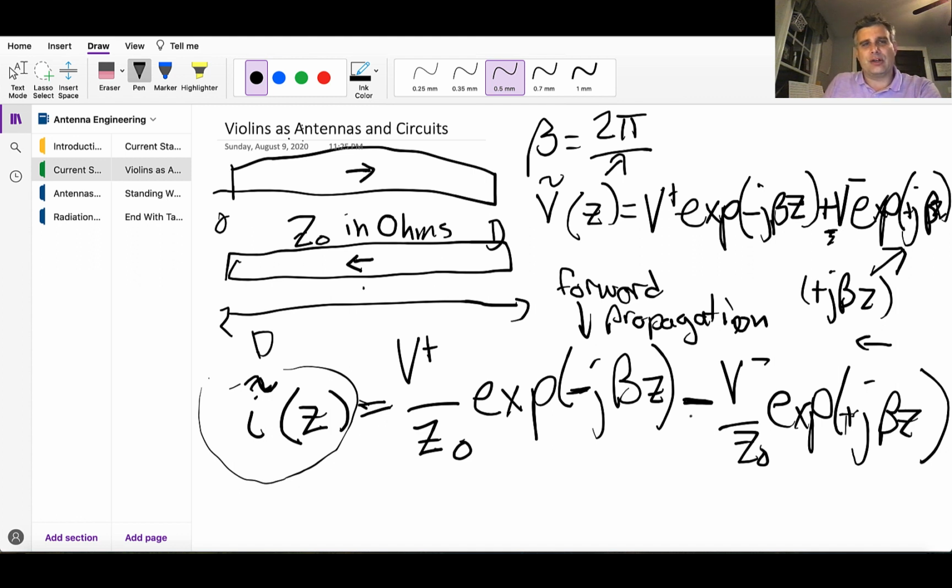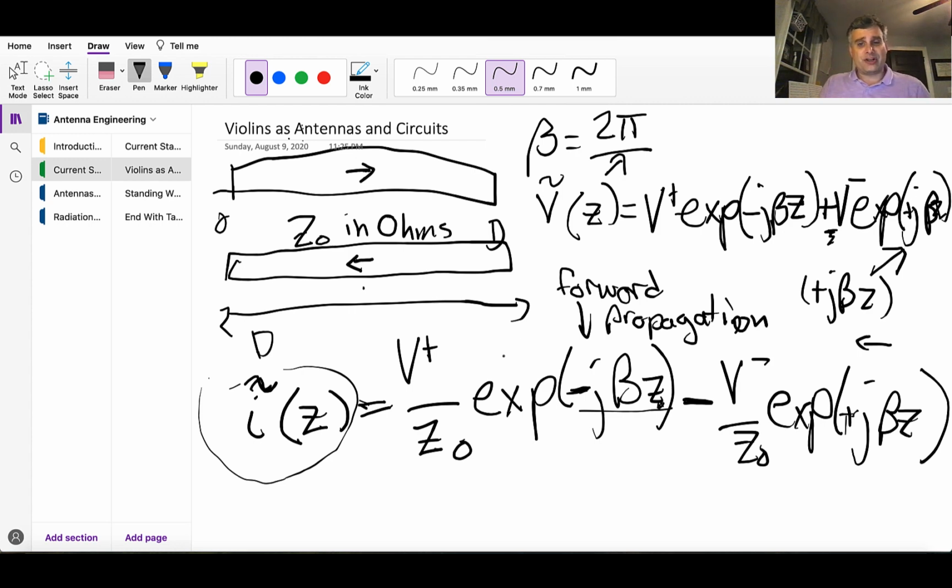Because if you think about it, your phase should be rewinding as you advance forward at any given snapshot in time, which is why this is linear with respect to z and has a minus sign in front of it. Again, beta is 2 pi over lambda.